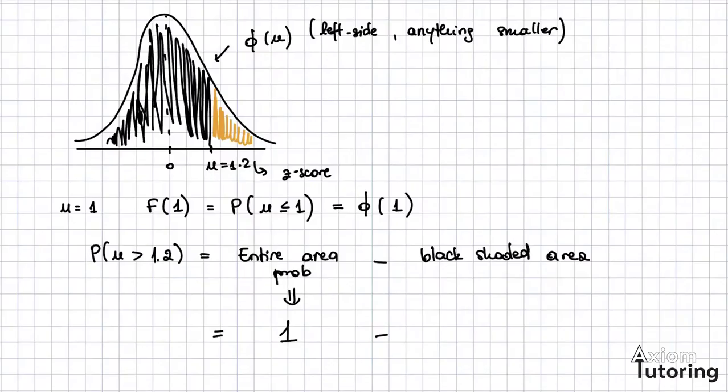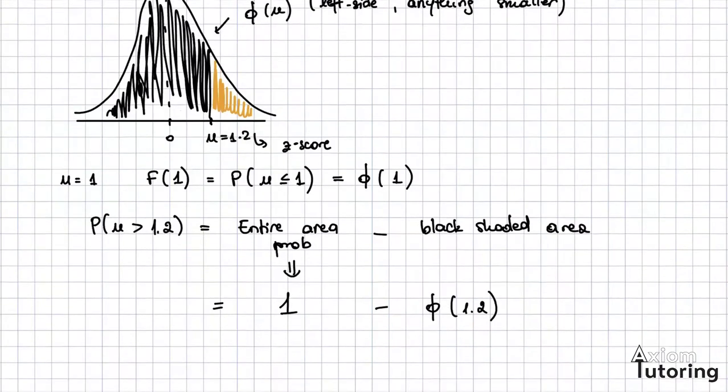And then the black area, we already gave it a name, which means that from now on, whenever I want the probability of something bigger than a certain value, I have to do 1 minus the number that I would be given out of the CDF, so whatever is accumulated up until 1.2.